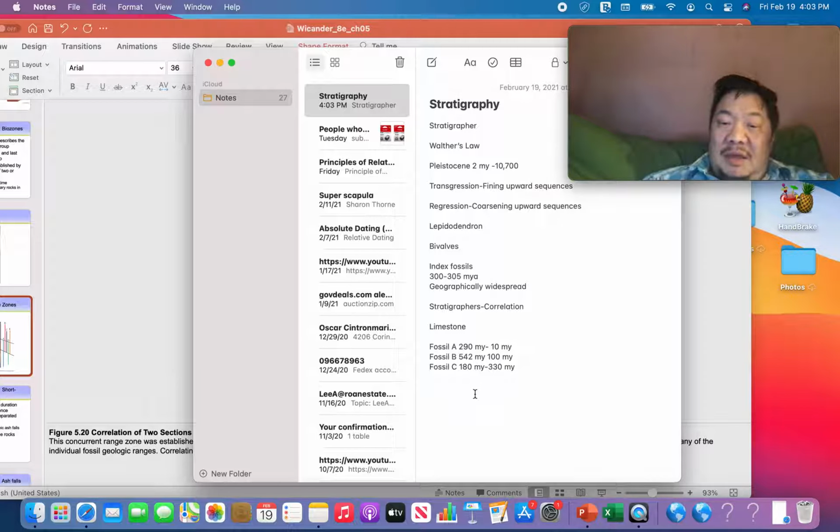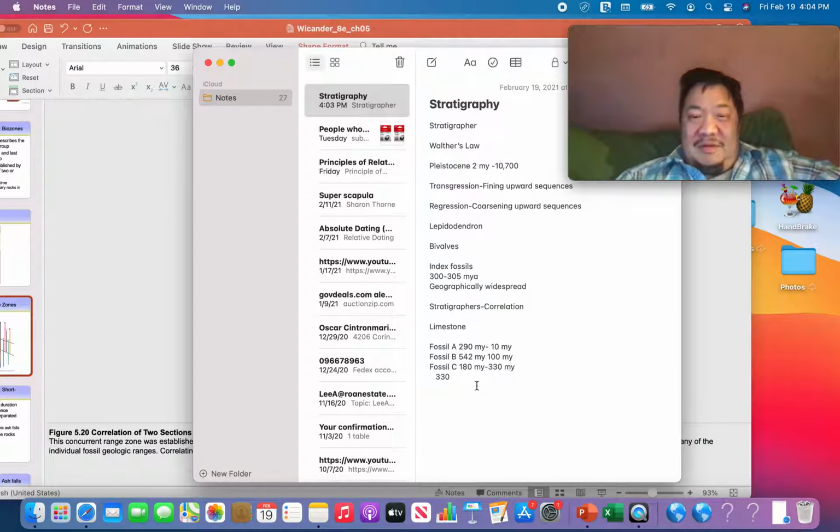So that means the oldest it could possibly be would be 290 million years ago. No, actually, 330. No, 330 is the oldest this could be. And the youngest, oh gosh. Anyway, I think 290.